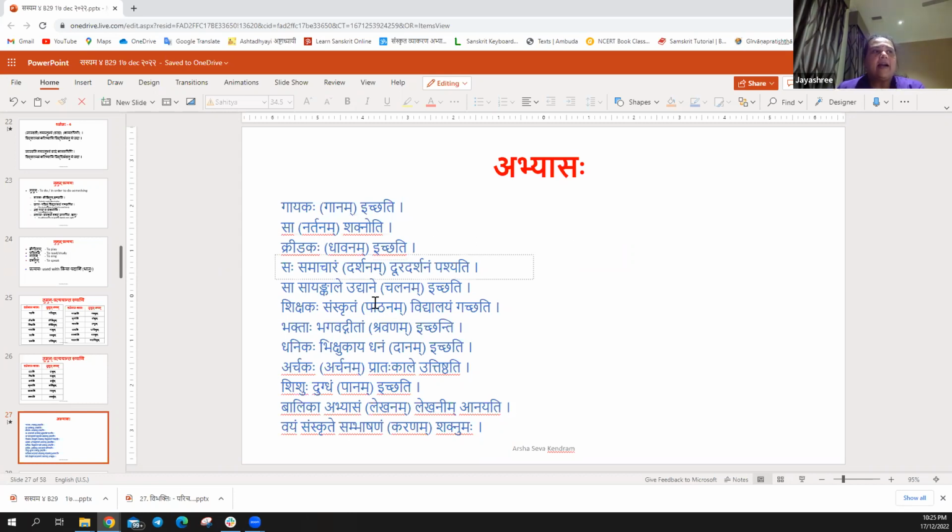So Sa sayankale udyane chalitum ichati: she likes to walk in the garden in the evening.